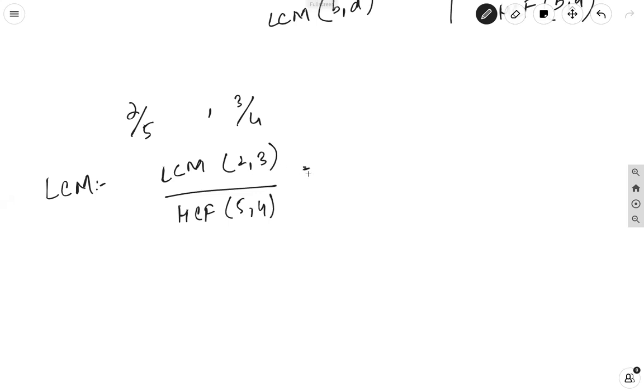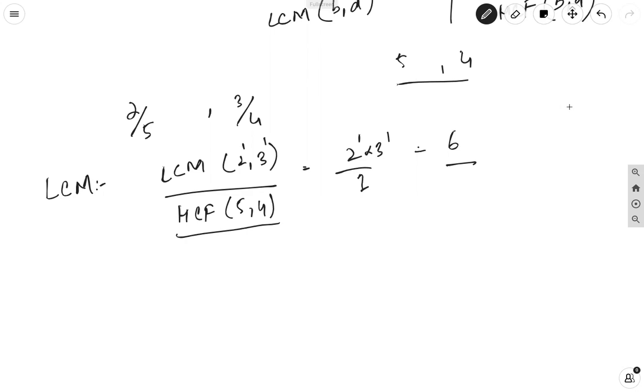So the LCM of 2 and 3 is straightforward, 2 to the power 1 into 3 to the power 1, that is 6. Now, can anyone of you tell what is the HCF of 5 and 4? 1. Yes.